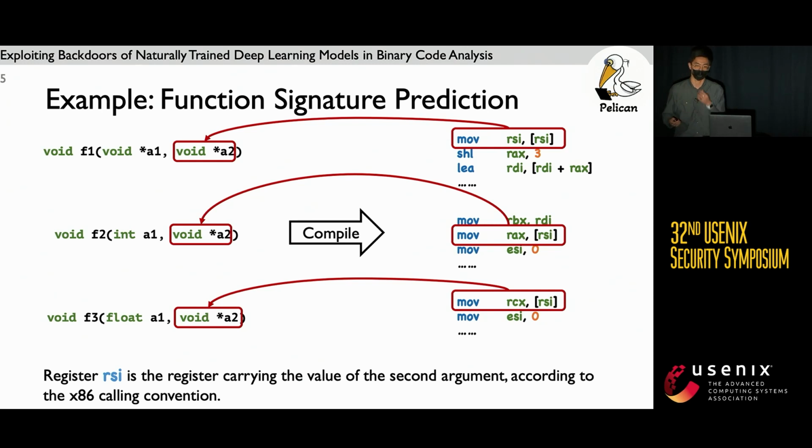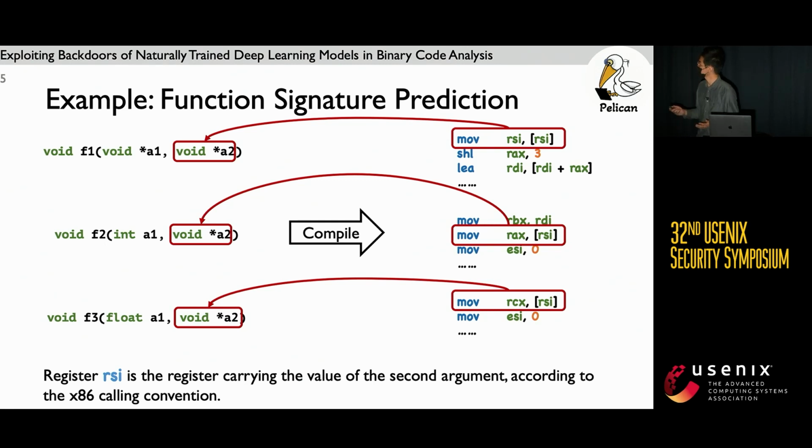What does it mean? It means during training, the model is trained on a naturally biased dataset, where the model may find a shortcut: as long as the input assembly code contains a dereference instruction of RSI, the model will predict the second argument as a pointer.